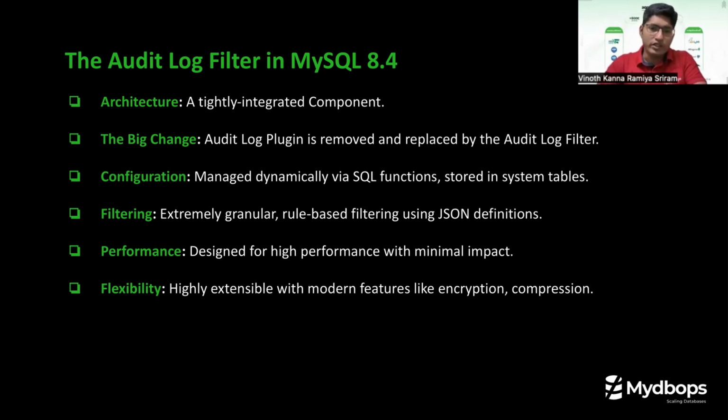This big change can in future help evolve the audit log filter into a more powerful tool, even to the extent of a firewall. And the interesting fact is that it has a multi-rule model. You can create multiple filter rules and assign different filter rules to different user profiles and database object profiles. This allows us to granularly control audit logging with efficient storage and performance.